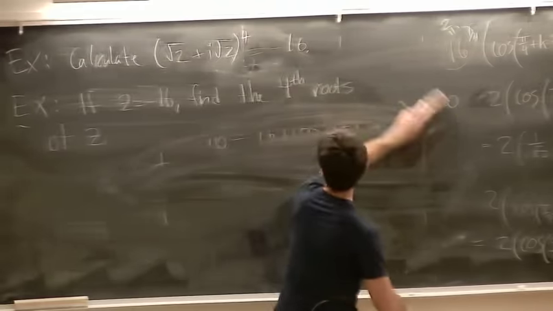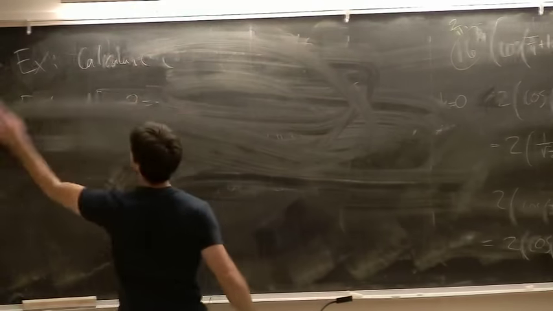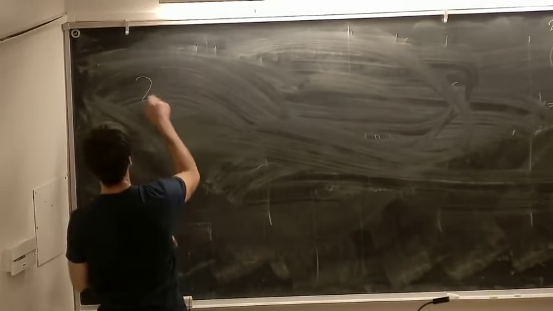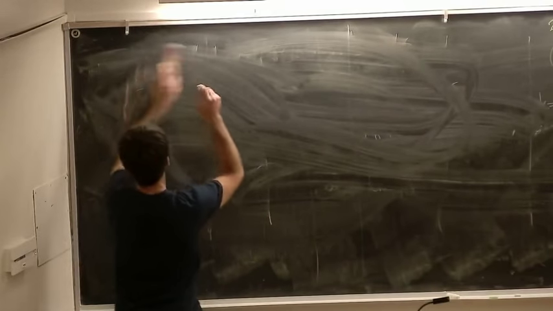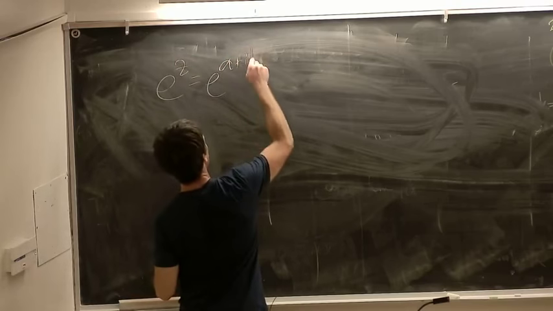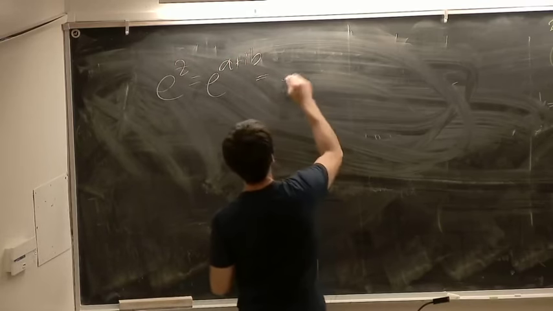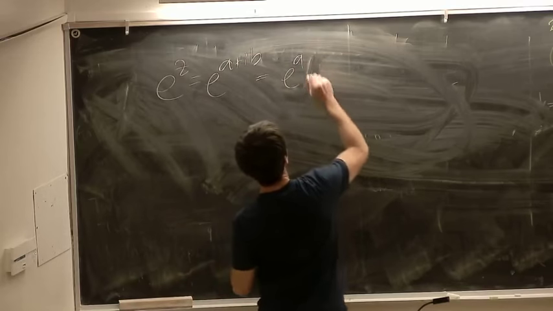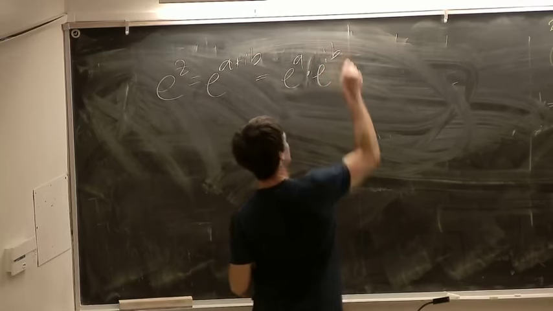Like what I mean, right? e to the z, or e to the a plus ib, well, that's e to the a times e to the ib.